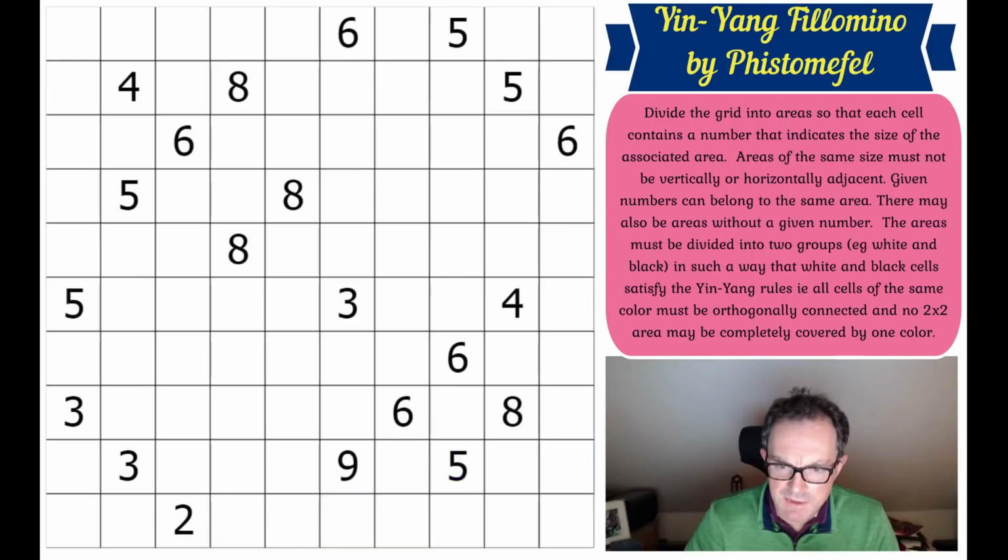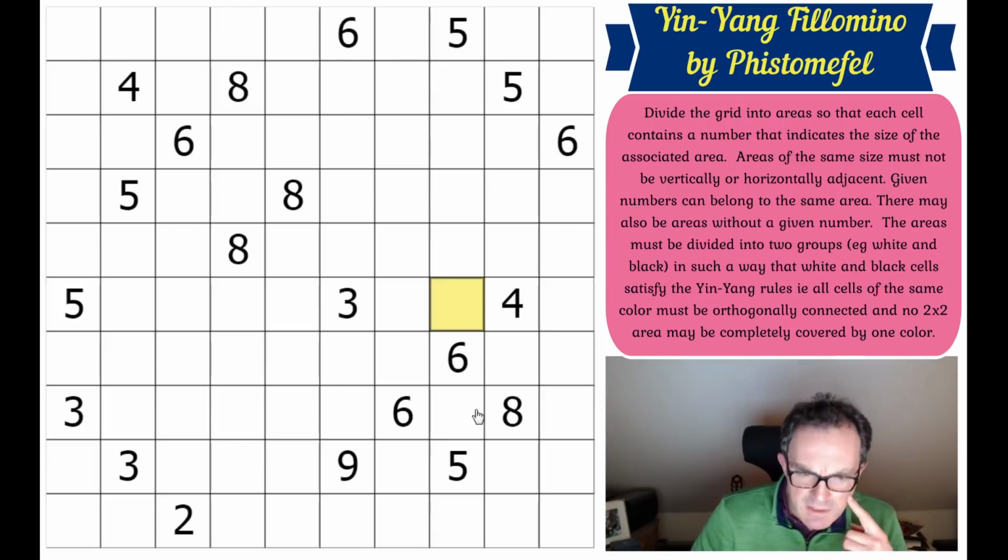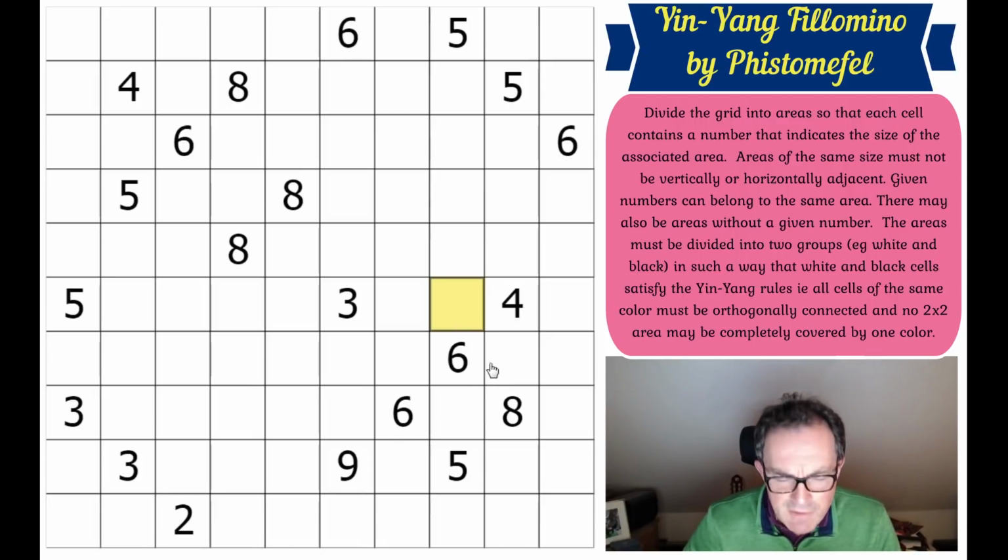So maybe what I'm meant to do is, I'm wondering if there's a way of telling where perimeter changes of colours must occur. Like, is it here?